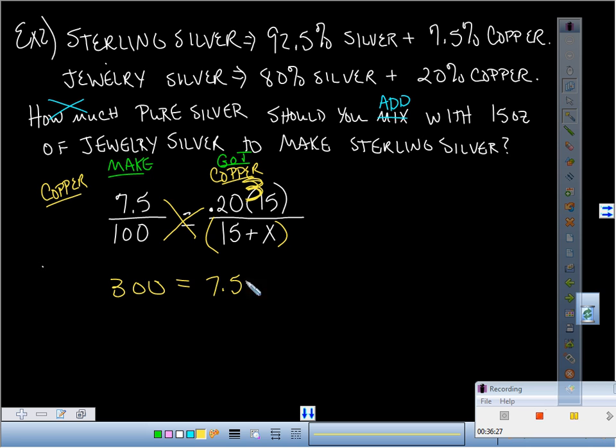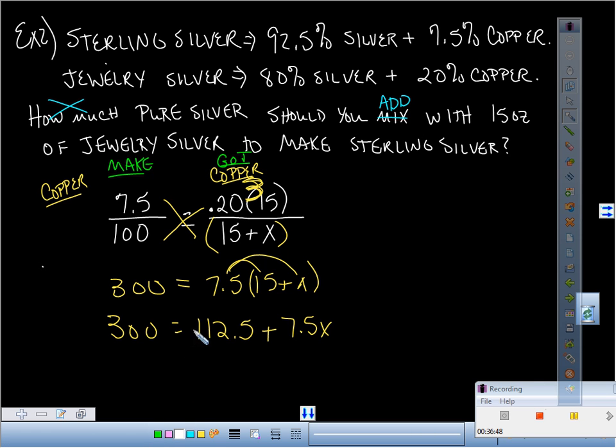7.5 times 15 plus X. Probably going to need a little calculator. What's 7.5 times 15? 112.5. Perfect. What's 7.5 times X? 7.5X. I'm solving for X, guys. Tell me what to do. Subtract 112.5 from both sides.